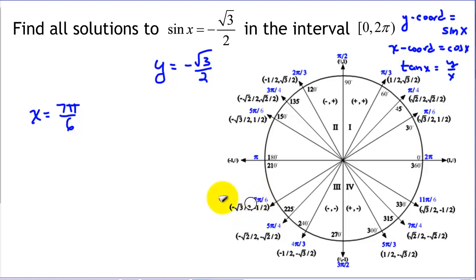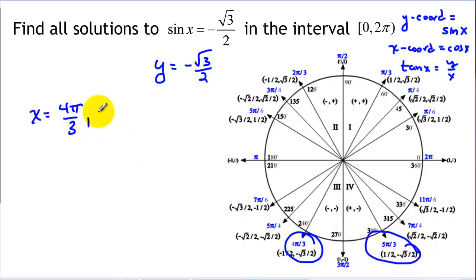Let's get rid of that. So here we have the y coordinate, so 4 pi over 3. And keep going, and here we have another one, 5 pi over 3. And now we're up to 2 pi, so we stop. So we only have two solutions for this one.